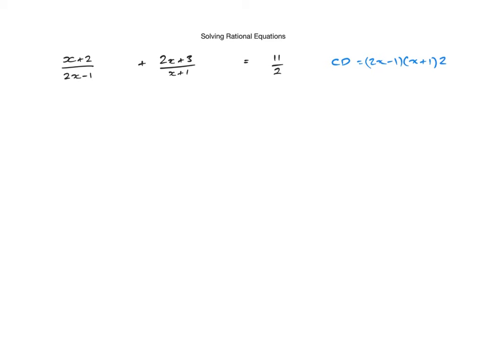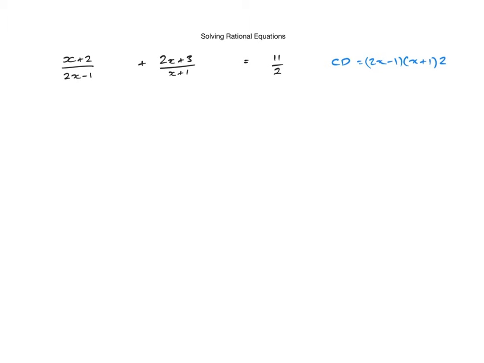All we have done here is multiply this by this by this, and that's our common denominator. Then we're going to multiply every single term, i.e. this term here and this term here, by our common denominator.